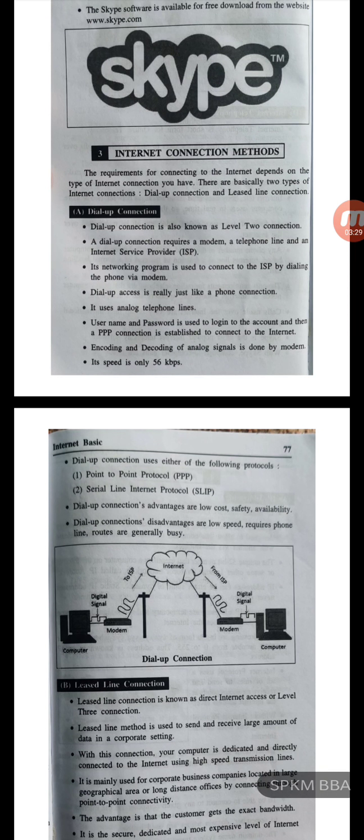These are all examples of internet service providers. When you take an internet connection from any internet service provider, you require a modem which is used for connecting to the internet. Dial-up connection is generally used by households, but it requires a username and password to log into the account, and then a PPP connection is established.